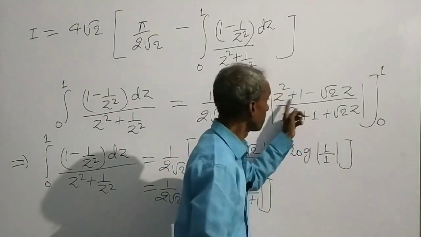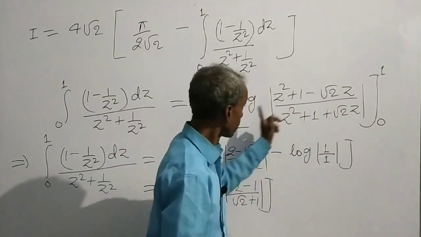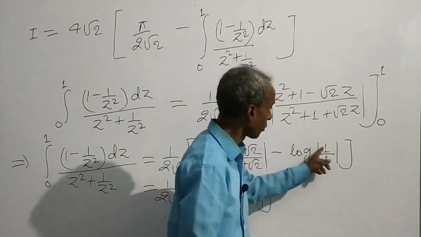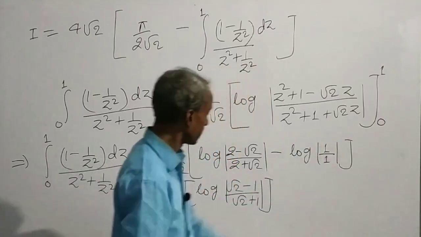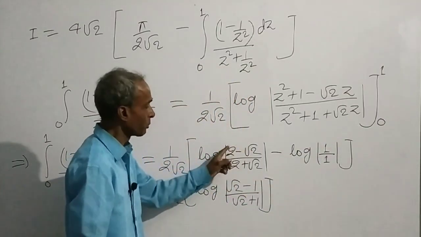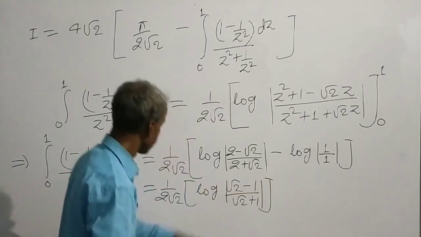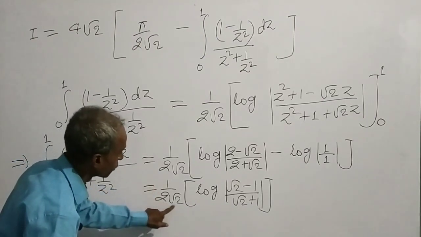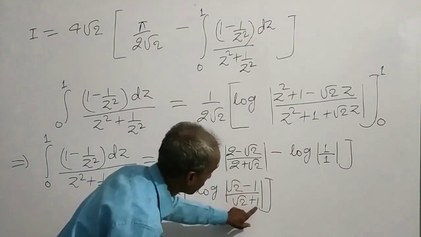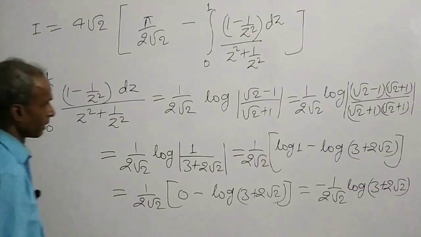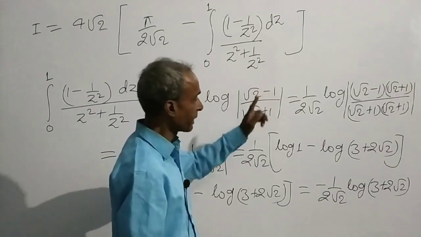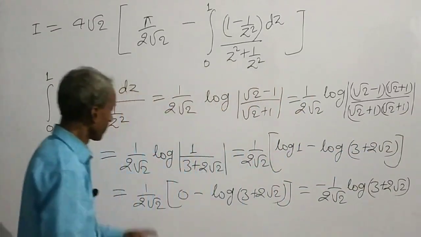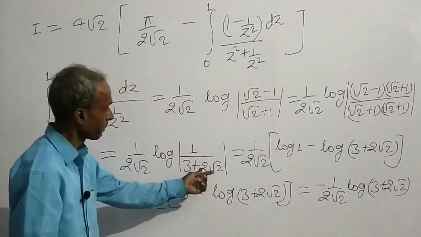Now write 0 in place of z, then this becomes log 1 by 1, that means log 1, and value of log 1 is 0, therefore this is 0. Taking root 2 common from numerator and denominator, we get this. Therefore, value of this definite integral is equal to 1 by 2 root 2 log root 2 minus 1 by root 2 plus 1. After multiplying numerator and denominator by root 2 plus 1, we get 1 by 3 plus 2 root 2.